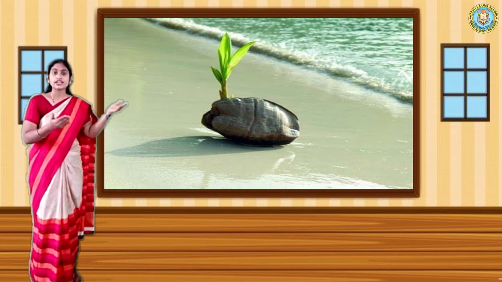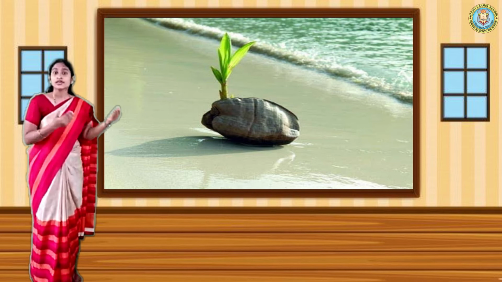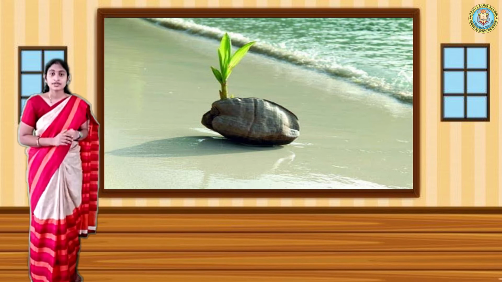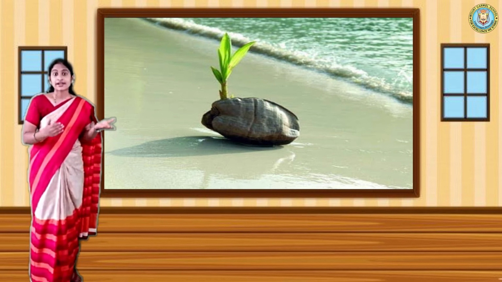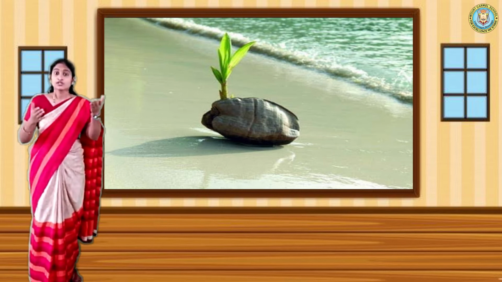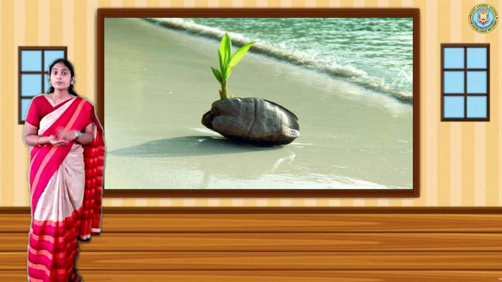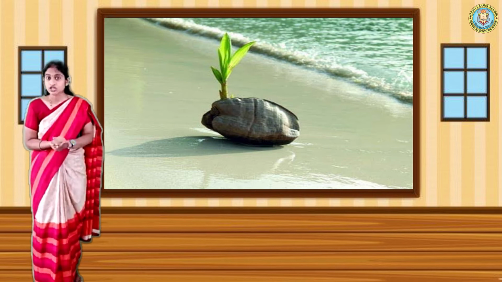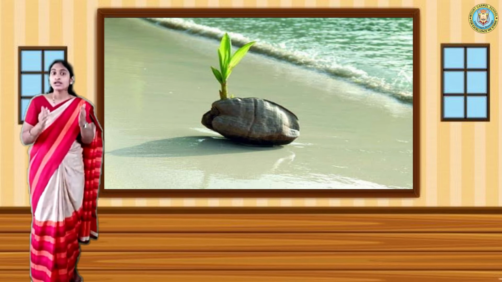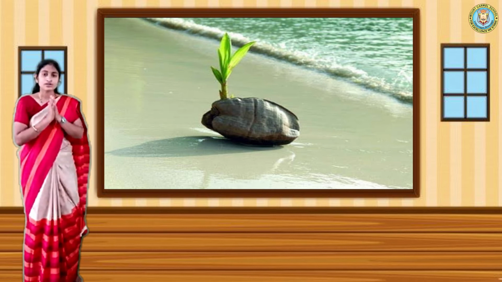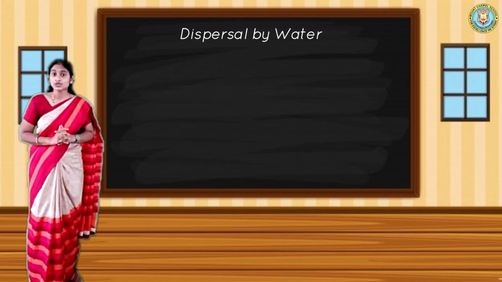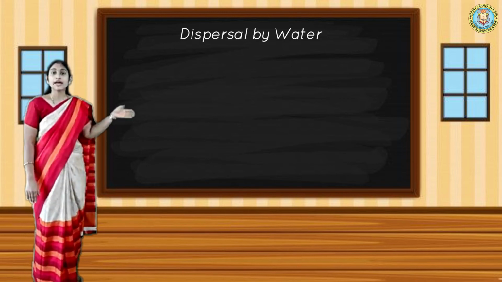It floats and floats, goes here and there, then it reaches some place. If it finds a place where soil is there, then germination happens, and a small plant can grow. The same procedure happens with lotus. We call this dispersal by water.